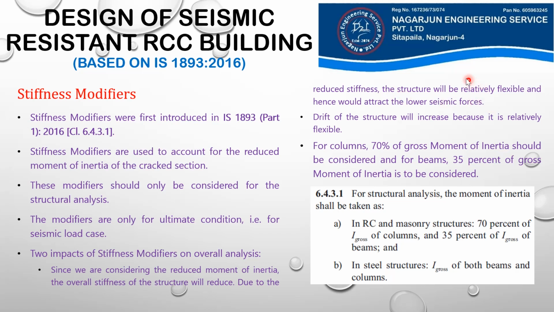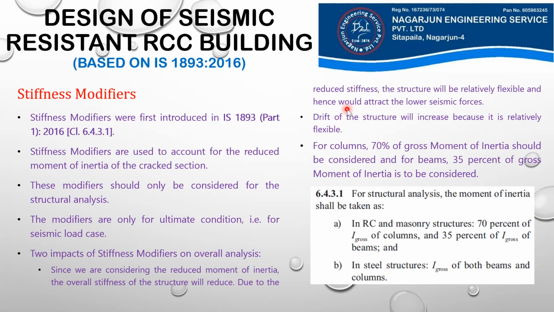That is because we know that the time period of the building has the formula 2 pi root under m by k. So if the mass is constant, the time period is inversely proportional to the square root of the stiffness of a building. So when stiffness reduces, the time period increases. And when the time period increases, it attracts lower forces, because the time period of the building and the amount of seismic forces have an inverse relationship.